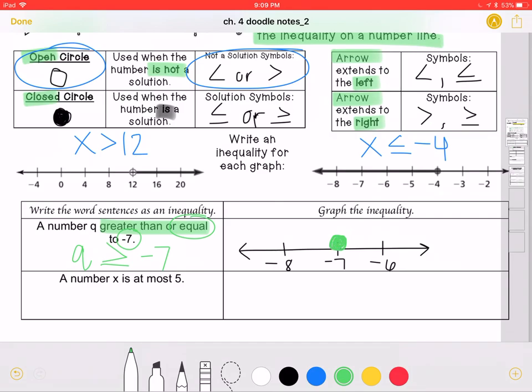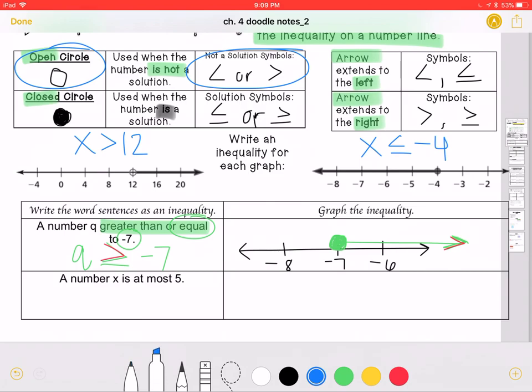And then if Q has to be greater than or equal to -7, where are numbers greater than or equal to -7? To the right. So that should be our graph here. Remember, when you draw that arrow at the end, it should match what your inequality symbol looks like, so you know you're right.